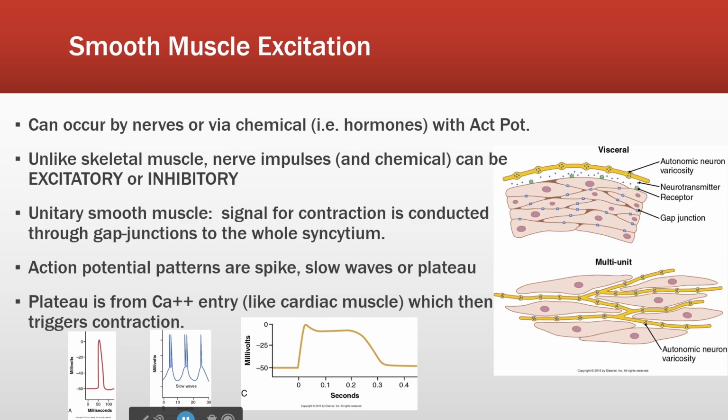And at the top of the slow waves, we have these spikes that come up. And then in some smooth muscle, we get this pattern where this section right here is called the plateau. And the plateau is from calcium coming in, which we're going to talk about in great detail in cardiac muscle later this week.